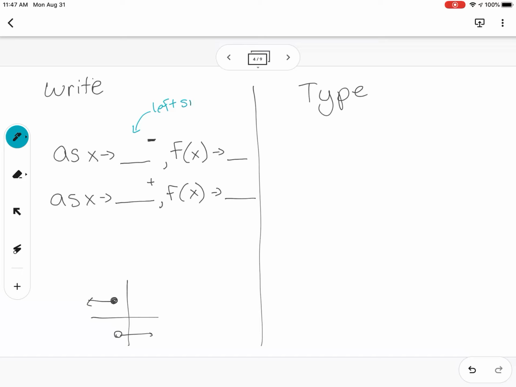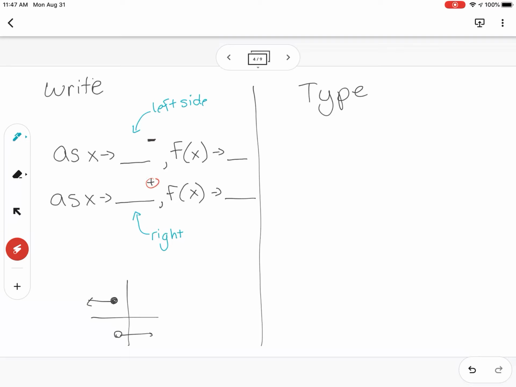This one is left side. This one is right side. So instead of saying as x approaches 2, the function approaches 5, as x approaches 2, and having the same number and not knowing which is which, these just say from the left, from the right, or from the negative side, from the positive side.